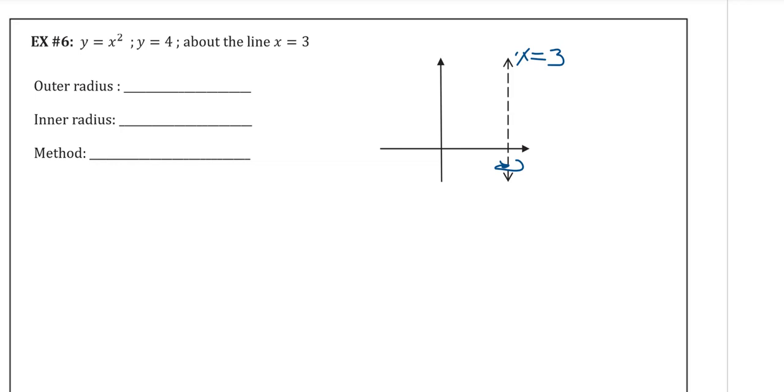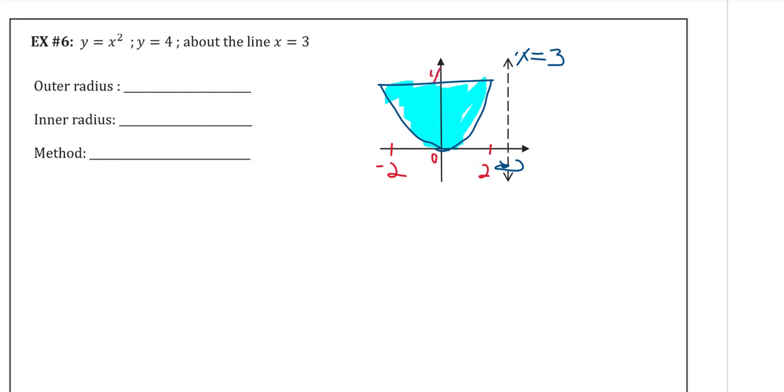We have the line y equals 4, which is going to be right along here. And then we have our function, which looks like that. It's going to hit the line y equals 4 at, if you want those points, -2 and 2. We're going to be integrating from 0 to 4.